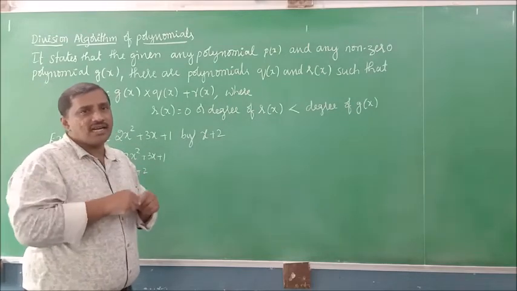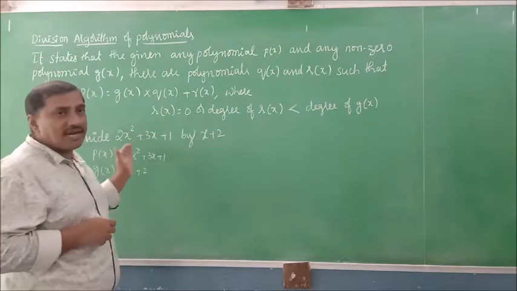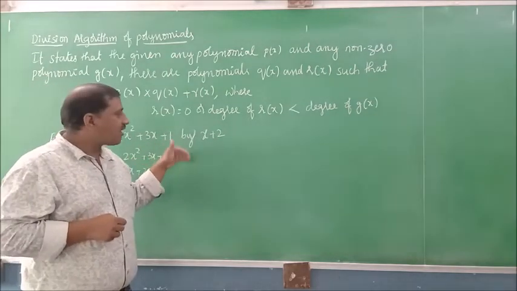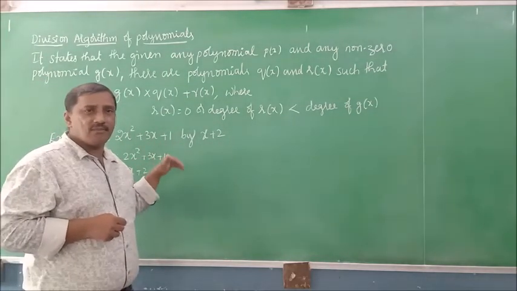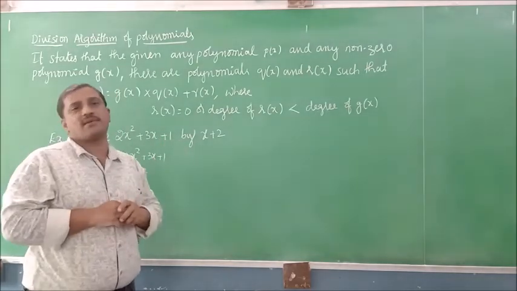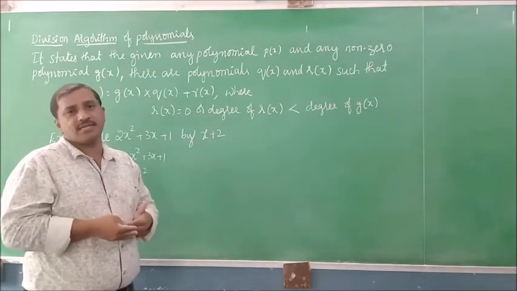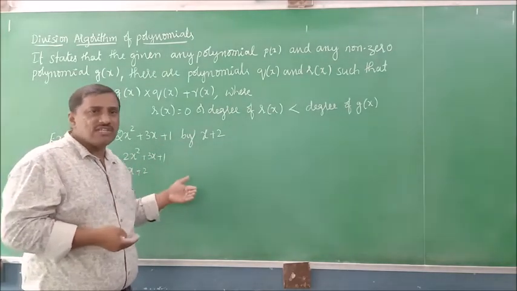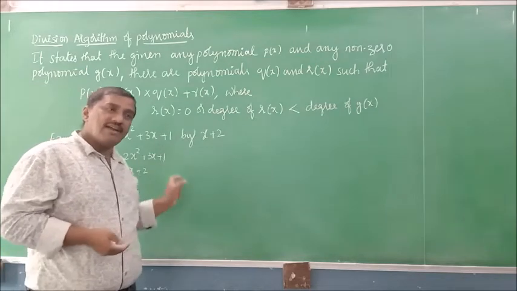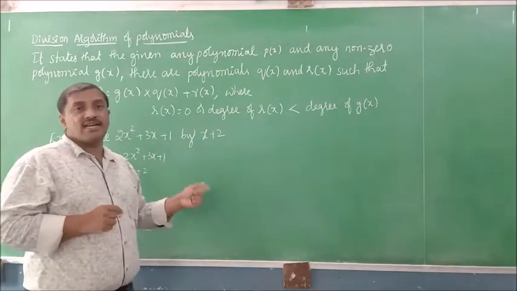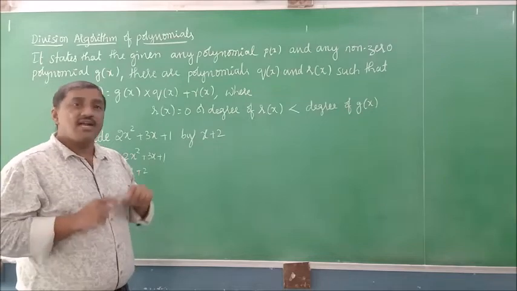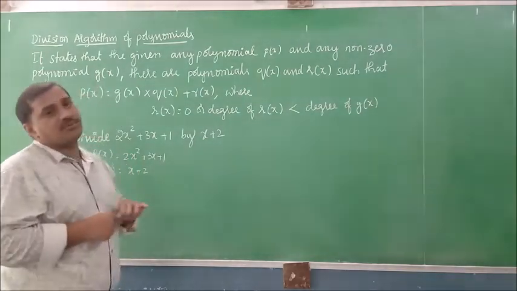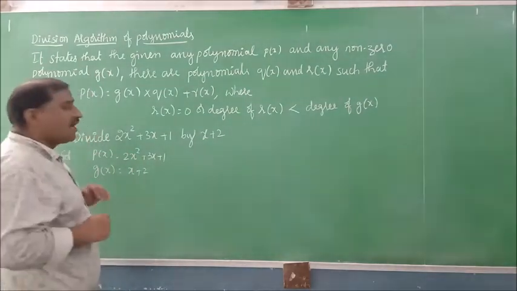Then multiply the quotient with the divisor, and write that product under the dividend. Then subtract, and repeat the same step. From the new dividend which we get, divide the first term of the dividend with the first term of the divisor, and repeat the process till we get the remainder.